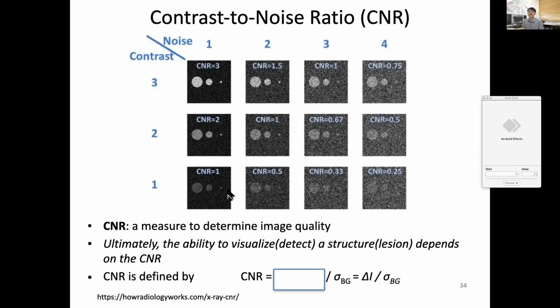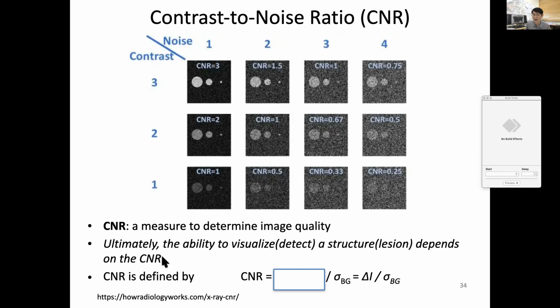So when we talk about determining image quality, especially visualizing or perceiving the presence of an object's shape with respect to background, it is better to use contrast to noise ratio, because ultimately the ability to visualize a structure depends on the contrast to noise ratio. Or let's say you are a radiologist trying to find a tumor in your X-ray image. You want to detect that lesion or tumor, you really depend on contrast to noise ratio.